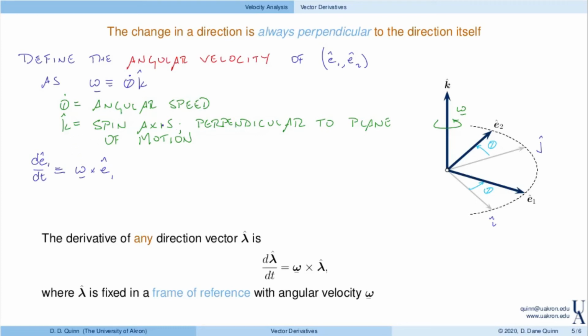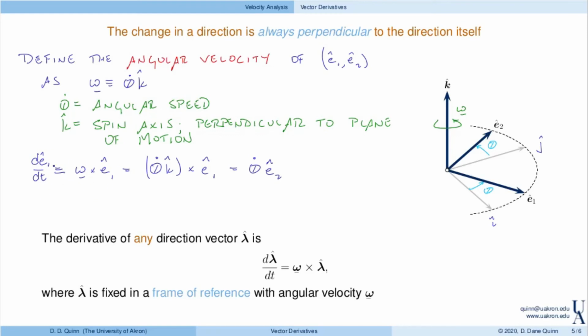Since the angular velocity is perpendicular to the plane, this result is going to be in the plane somewhere, and it's also going to be perpendicular to E1. So this becomes theta dot in the k direction cross E1. And of course, if you go back and review cross products, k cross E1 gives theta dot in the E2 direction. In a sense, this is the definition of the angular velocity. It's the vector that works here.